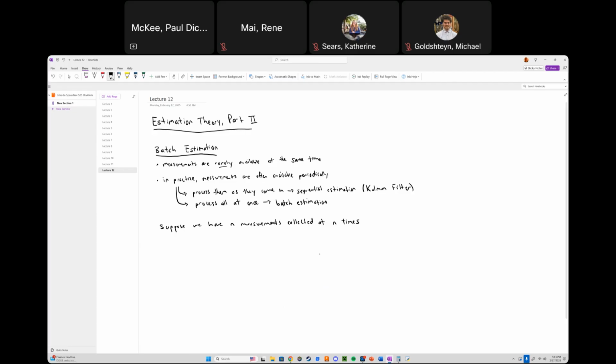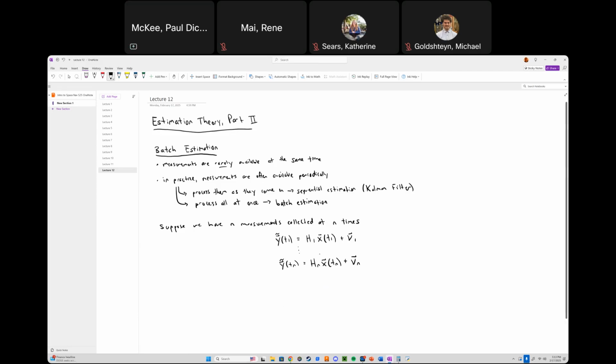Okay. So let's say we've got some y vector at t1, and this is going to be some H1 x vector at t1 plus noise ν1. And then this goes all the way to some noisy measurement at some time tn, equal to some Hn x(tn) plus νn.